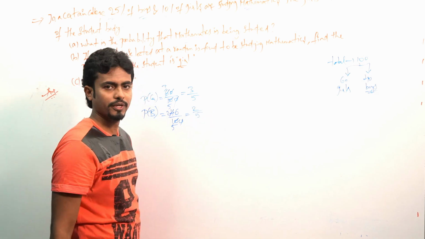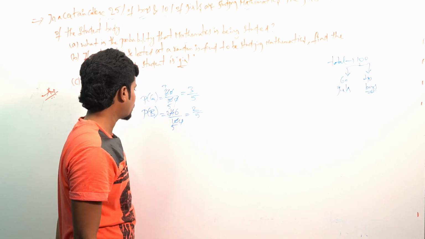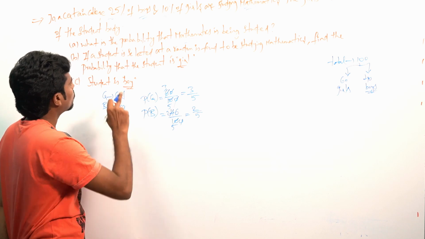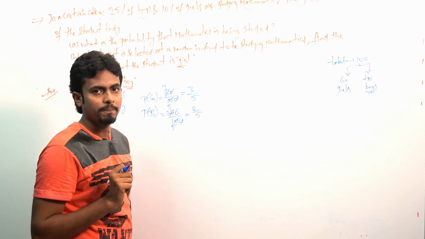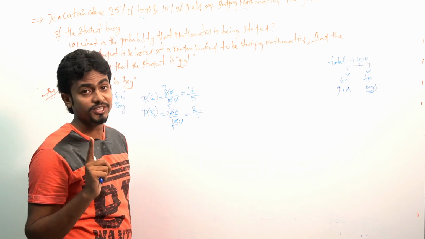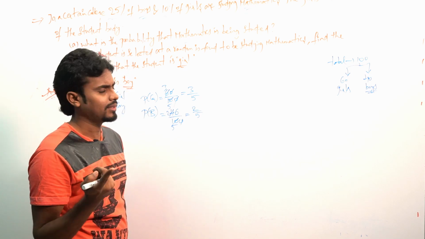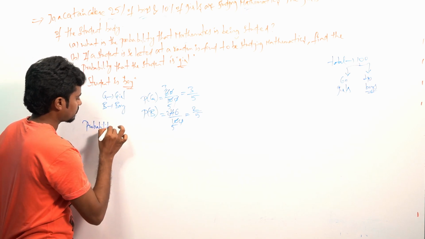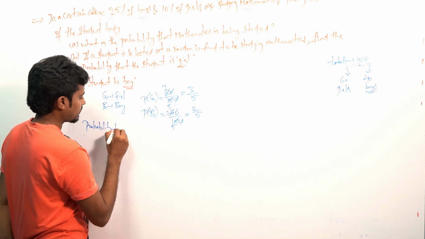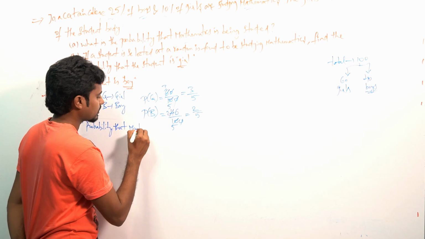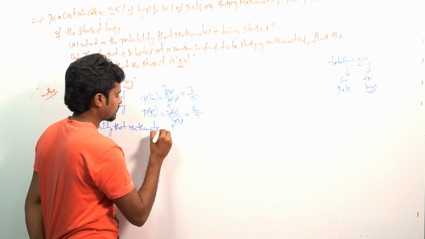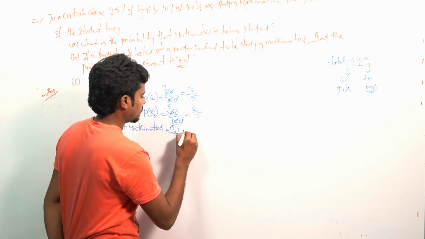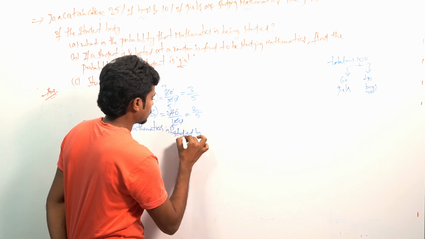Now you already know the probability of girls and the probability of boys. What is asked in the first question? The probability that mathematics is being studied. For that, we have to find out for the boys as well as the girls. First, the probability that mathematics is studied by girls.